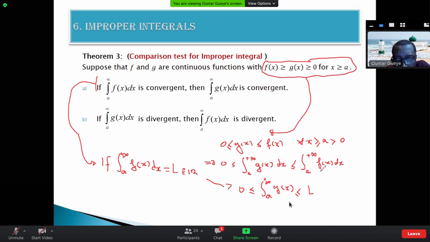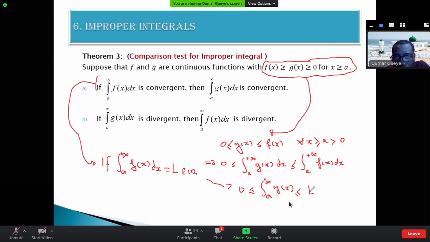If the integral of f is equal to a number L, the integral of g is between 0 and L. If the integral is between 0 and L, it means this is a number. It cannot be infinity, okay?